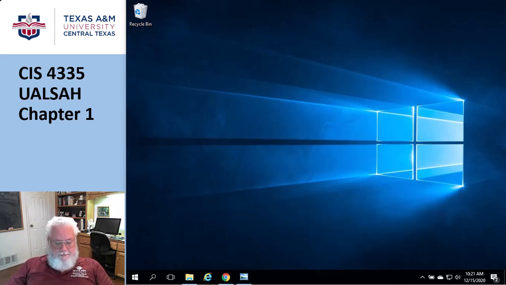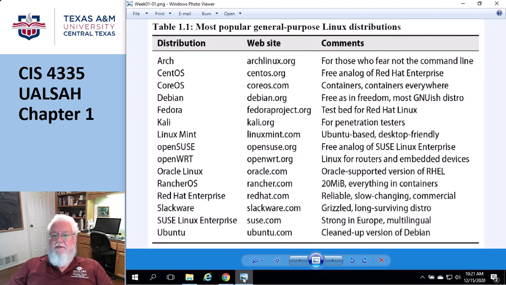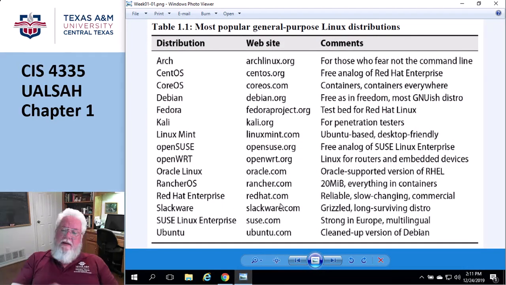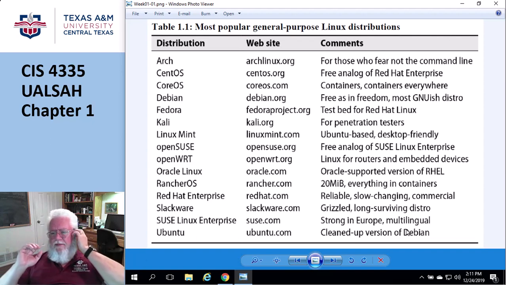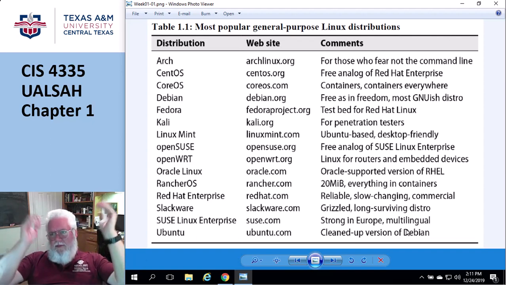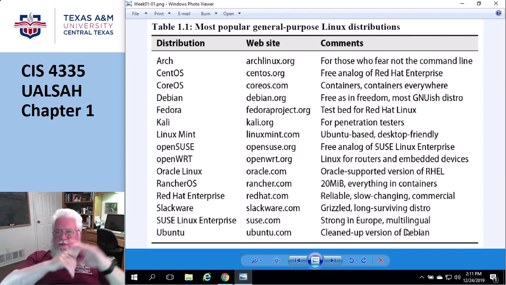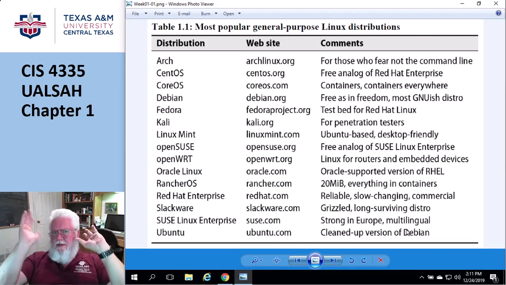So on page 9, table 1-1, we've got this list of distributions. I mean, there's a bunch. We happen to be using one called Ubuntu. And Ubuntu is a branch of what's called Debian. Again, don't worry about what all this means. Debian is the name of the wife of the guy who put together that particular one.